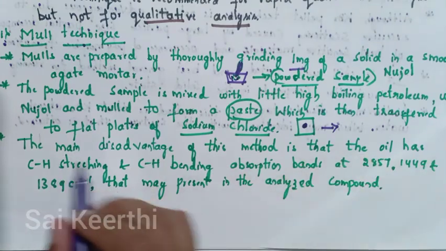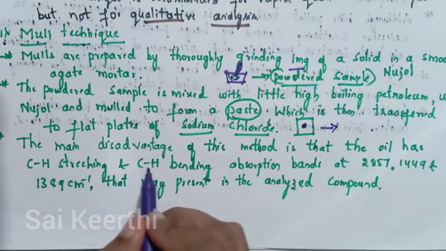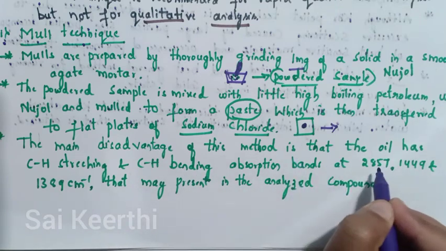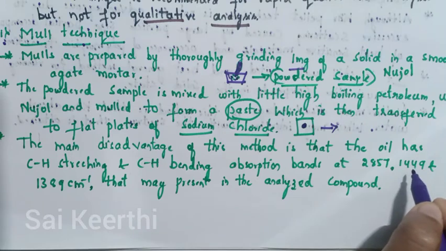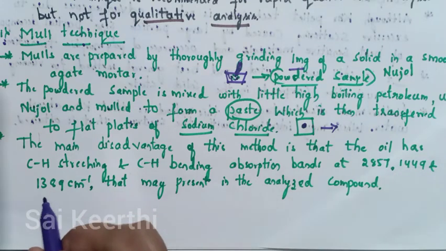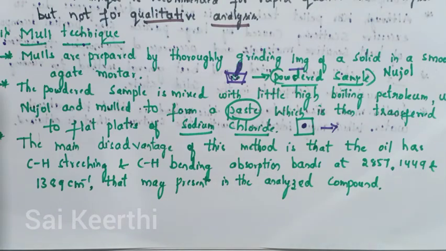Next, the main disadvantage of this method is that the oil has CH stretching and CH bending absorption bands at 2857, 1449 and 1389 centimeter inverse, that may be present in the analyzed compound.